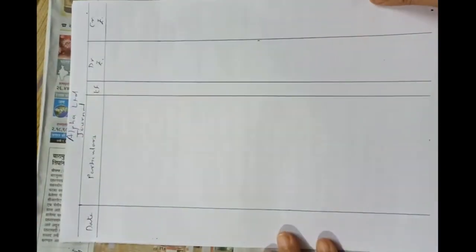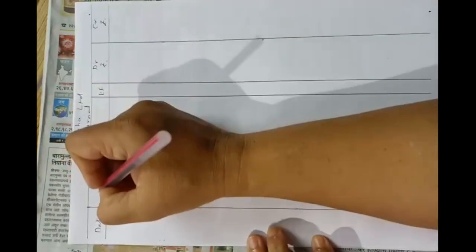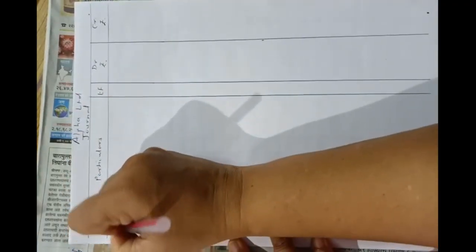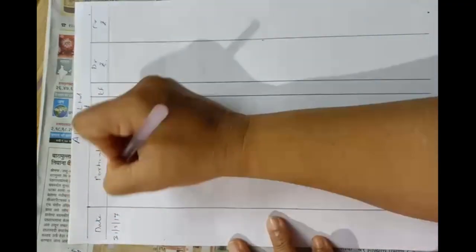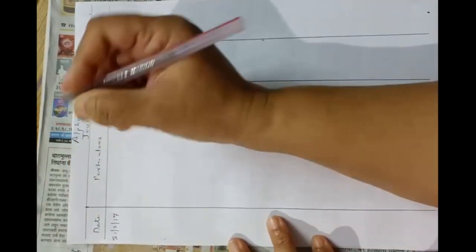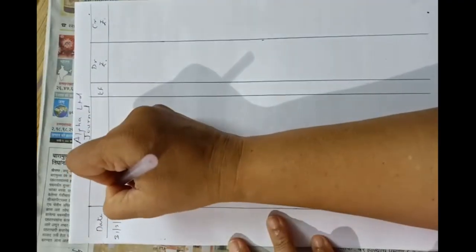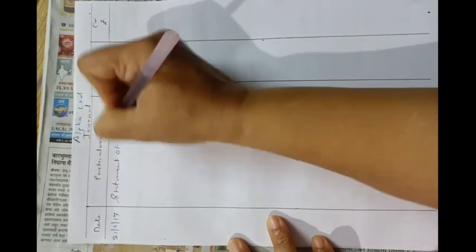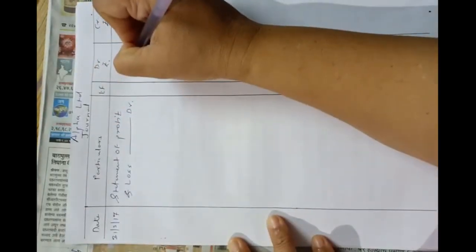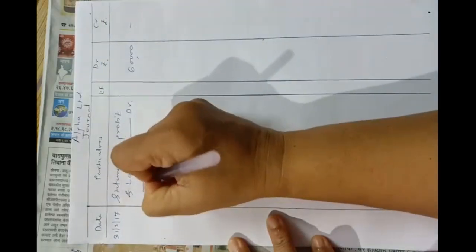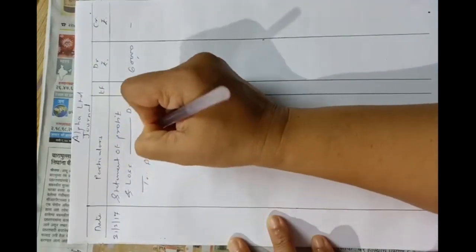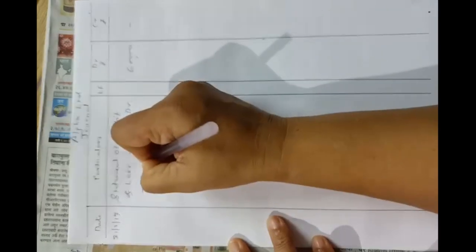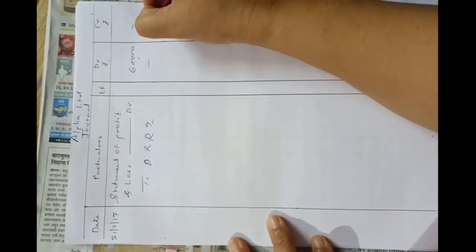Okay, so now we will transfer the 60,000 amount to DRR account first on 31st March 2017. Statement of profit and loss account, loss debit, 60,000, to DRR account, 60,000.